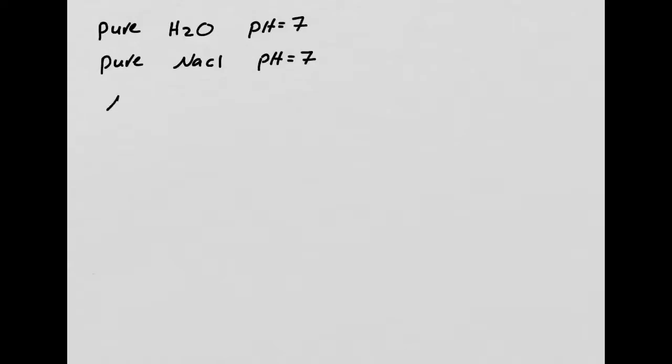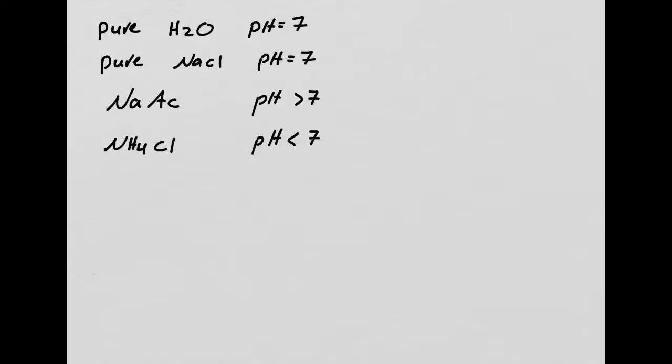Now, I'm going to have sodium acetate. You know, Ac means acetate. That's also a salt. The pH of that solution is basic, larger than 7. And if I have an ammonium chloride salt dissolved in water, the pH of that is going to be acidic.